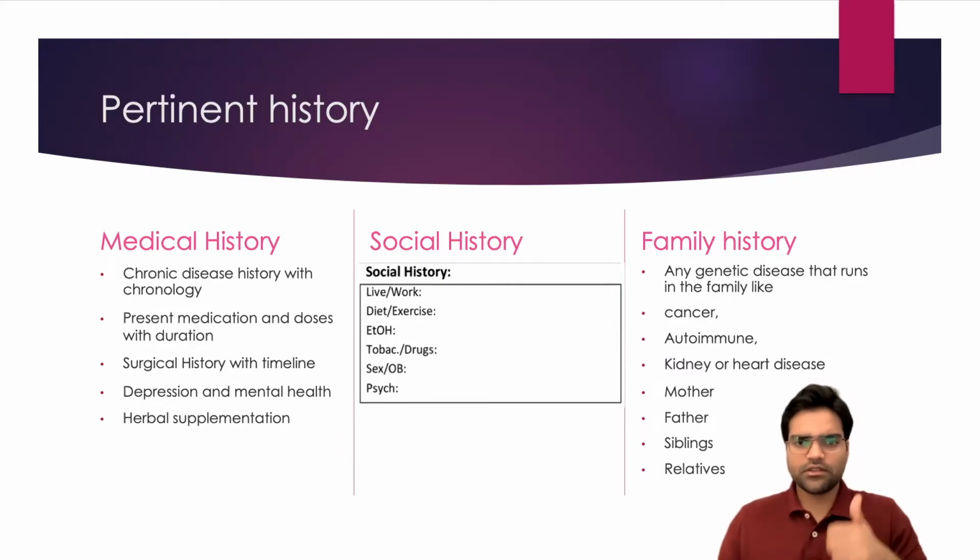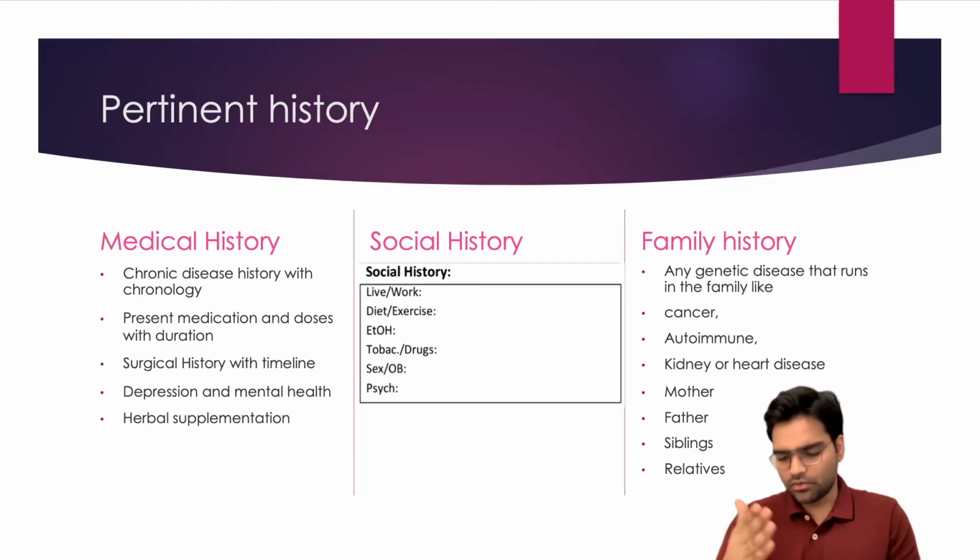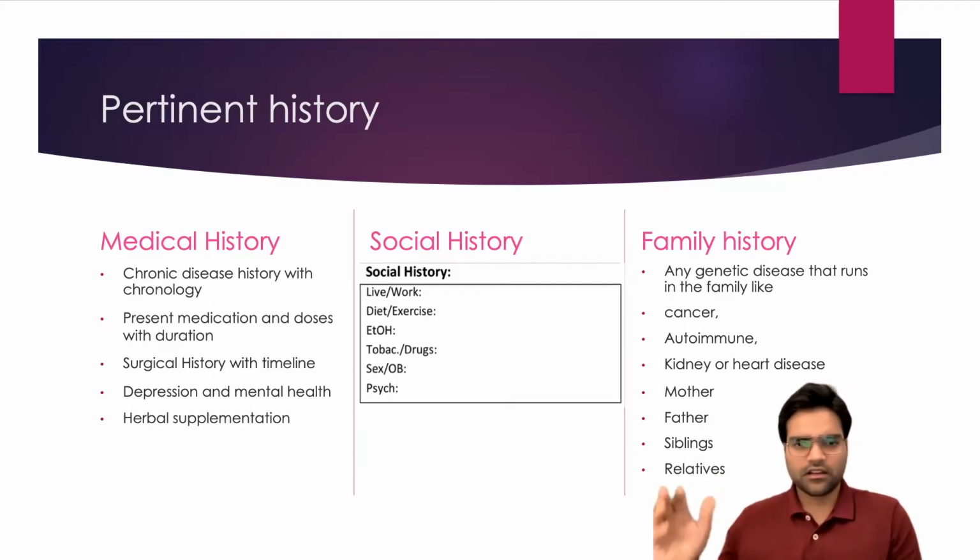In social history you have to mention the place where the patient lives, and who is living with the person, where that person works, what kind of diet he takes, is he an active person or does he have a sedentary lifestyle, is he an alcohol or drug addict, and does he smoke or use tobacco.